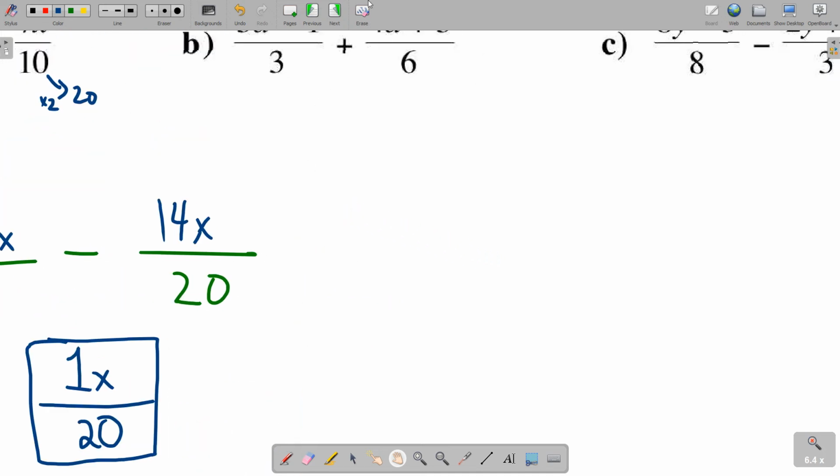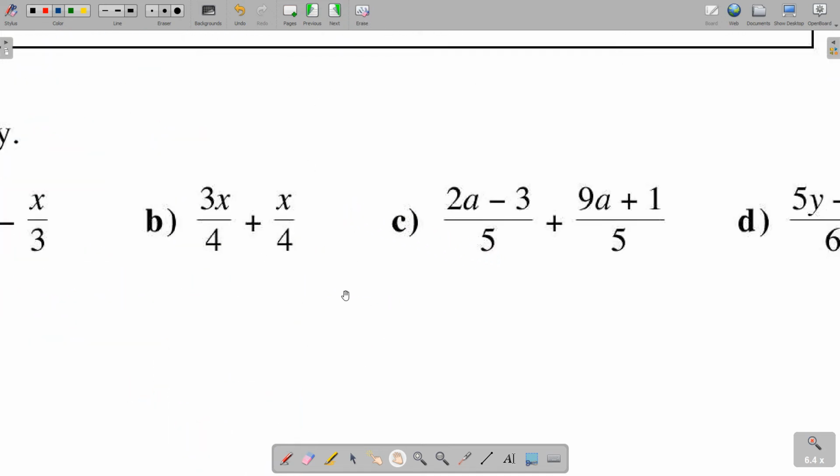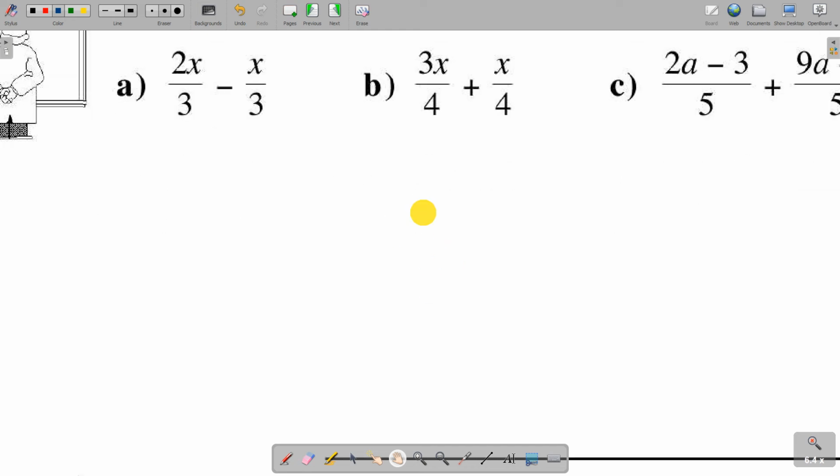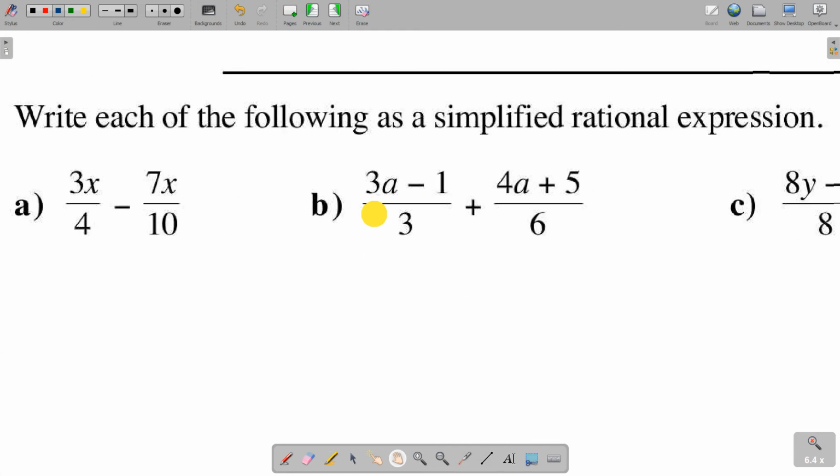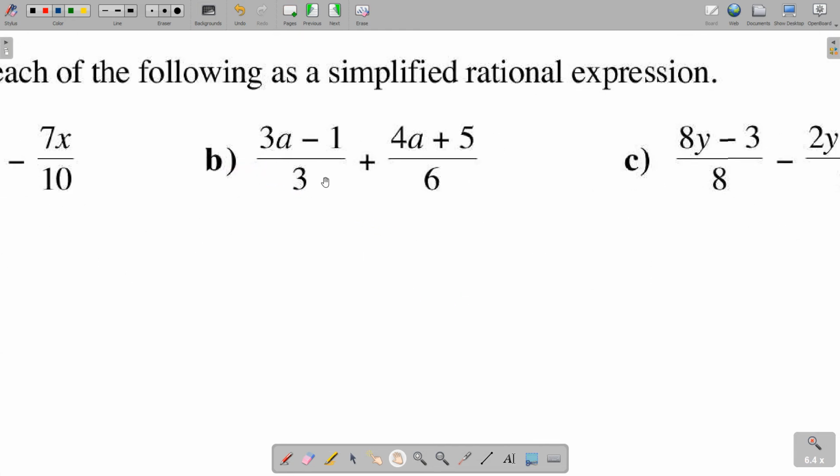I'm going to just erase that and move my mouse over. That was the other one. That's the easy one. Okay, letter B. Note they are not the same denominator, but again, if I was to strategize, how do I find the lowest common denominator? Namely, I start by writing in the multiples. 3, 6, 9, 12, 15 is the 3. 6, 12, 18, 24.